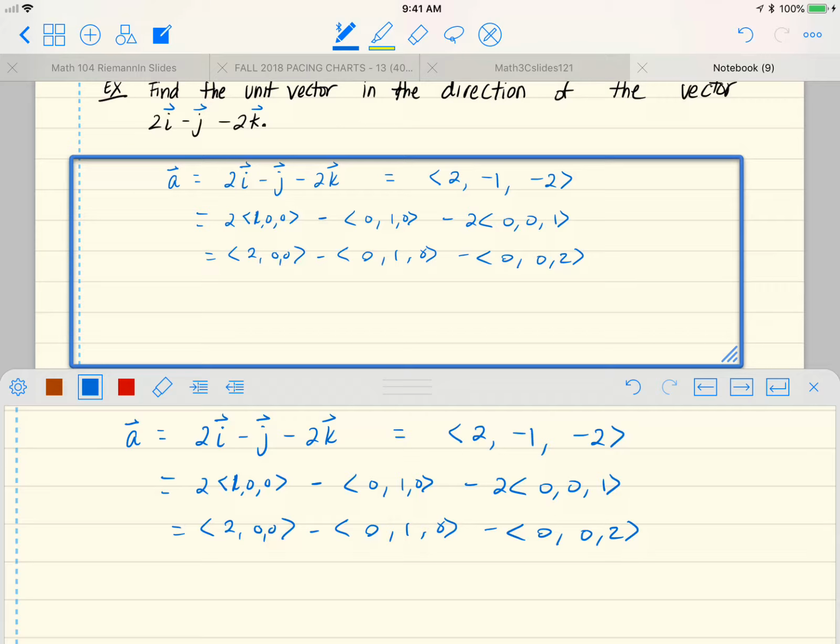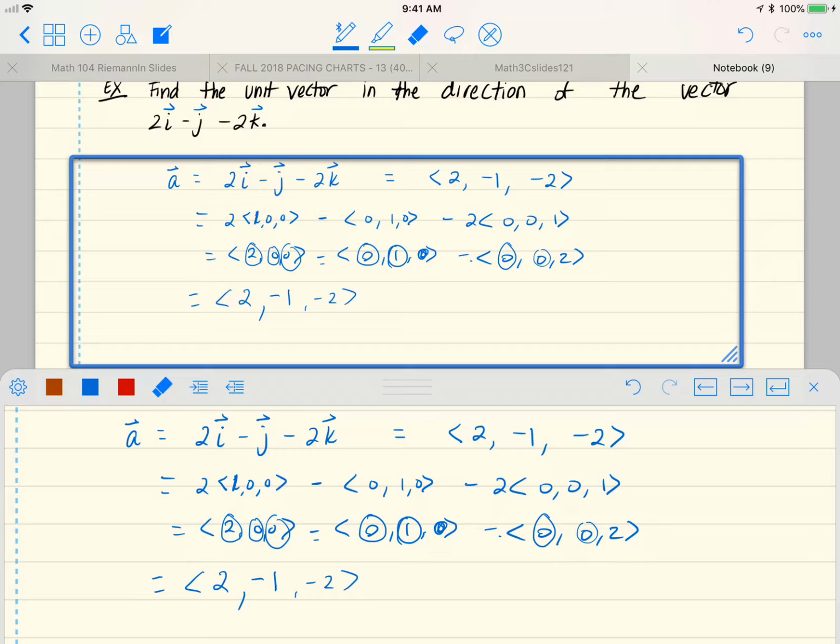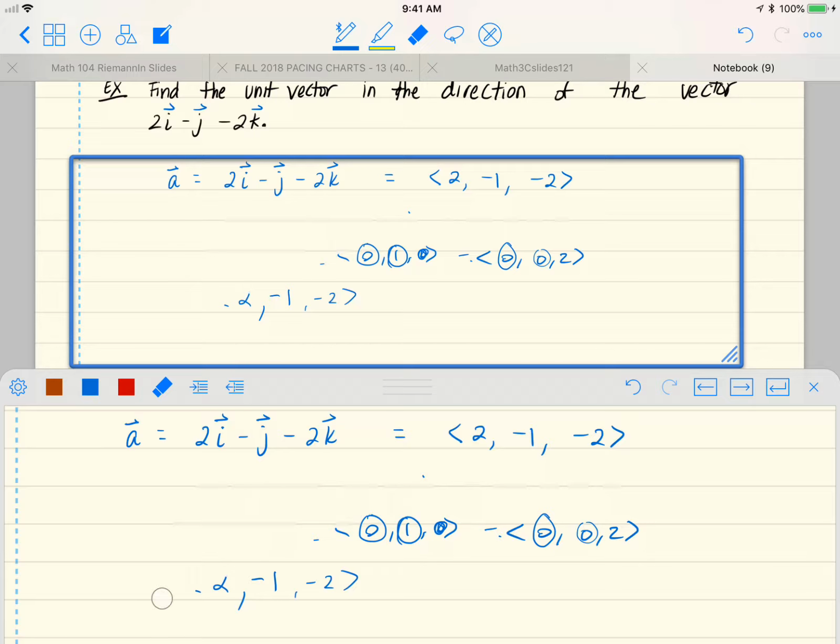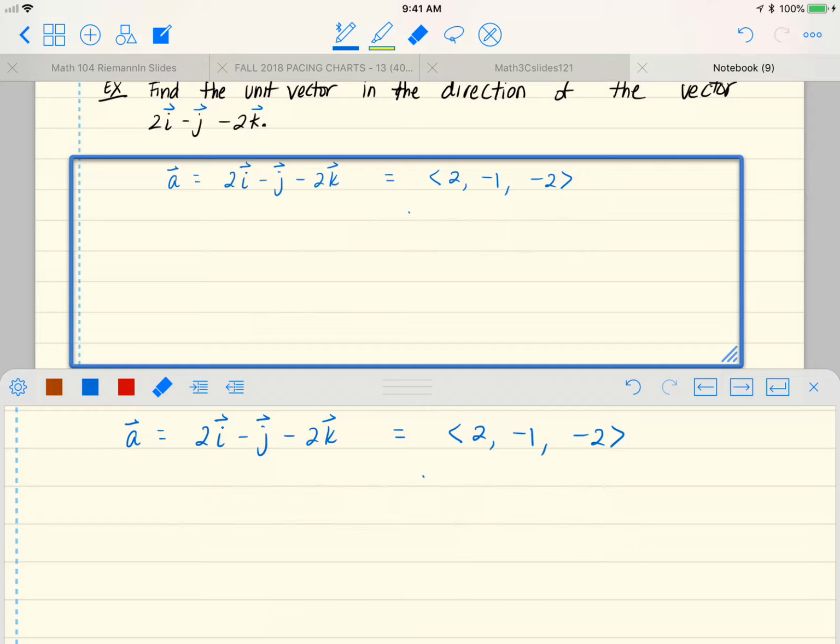And so now I've got 2 minus 0 minus 0, so that'll be 2. 0 minus 1 minus 0, that'll be minus 1. And then 0 minus 0 minus 2, minus 2. Okay? So that's how we get A, and we're expressing it in components.